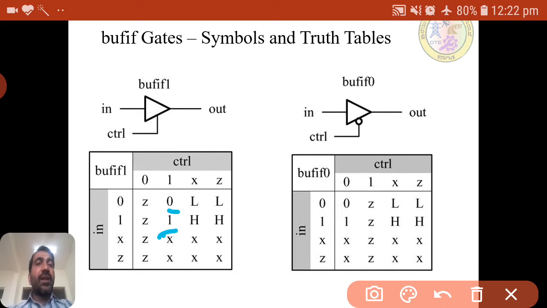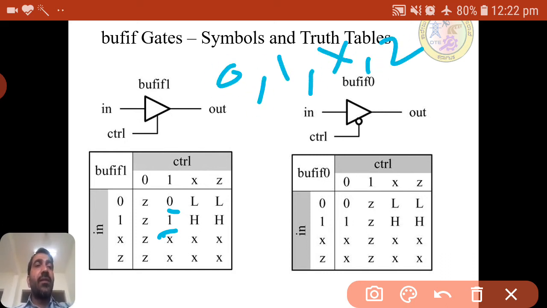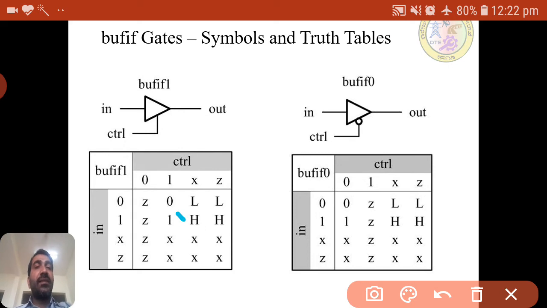There are 4 data values, that is 0, 1, X, Z. With this, we have the 8 strength values that Verilog supports, that is, signal levels. So low and high are different strength levels than 0 and 1. When the control signal is X and the input is 0 or 1, it will give low and high, and for X and Z it is unknown as usual.